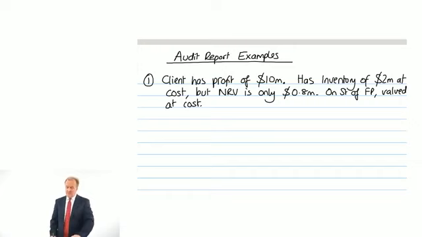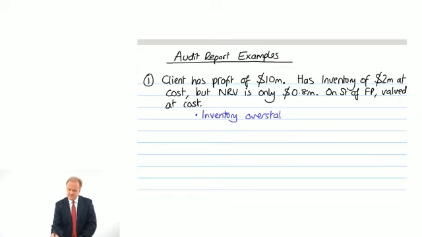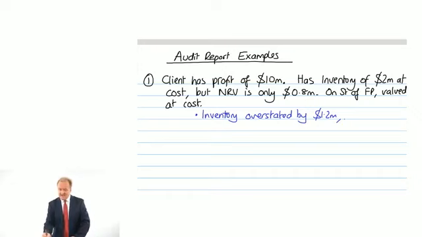Well, looking at that example, what can I see? I can see the inventory is overstated by 1.2 million. The profit of this company is 10, so that's 12% of profit.